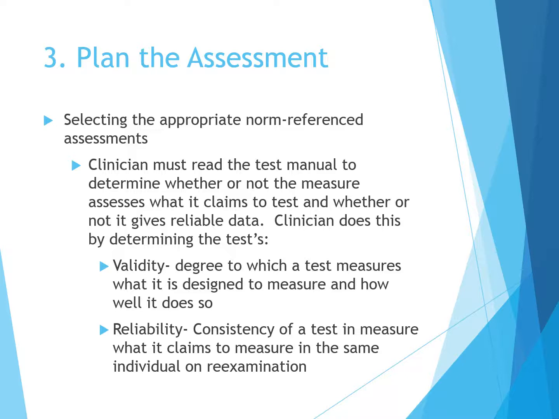So if I was to give this test multiple times to the child, how reliable is it? If it's a reliable test, they're going to score very similar within a certain range each time that I give the test. So for this class, you just need to know these 2 concepts and why it is important to read the test manual before choosing a test to administer.